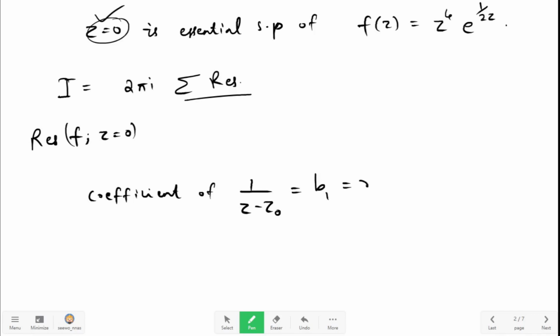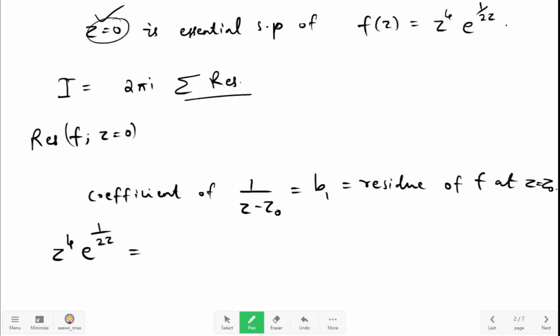So b1 is equal to the residue of f at z equal to z naught. This method works for every type of singular point, but we use it especially for essential and removable singular points. So let's do the Laurent expansion of z raised to 4 e raised to 1 by 2z.